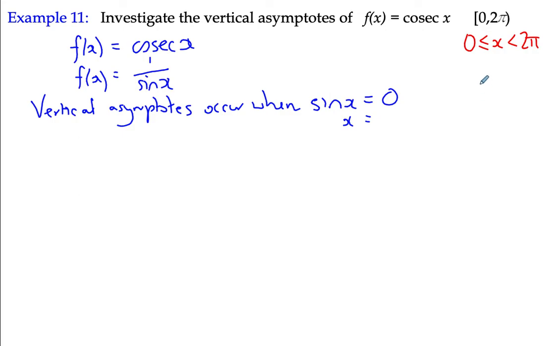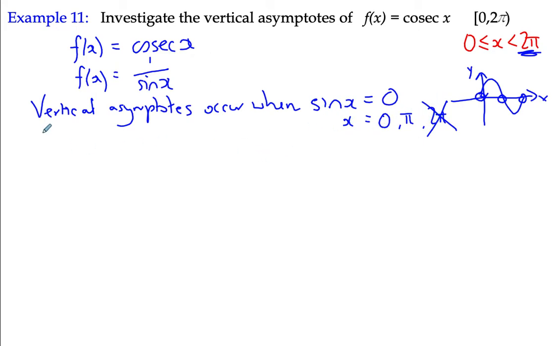According to your sine curve, it's 0 when x equals 0, x equals pi, x equals 2 pi, and so on. We could go negative or more positive, but the first few we would think about are these. But of course, our initial condition said that we can't have 2 pi. It's got to be less than 2 pi. So there are two asymptotes in the domain that we've stated, 0 and pi.